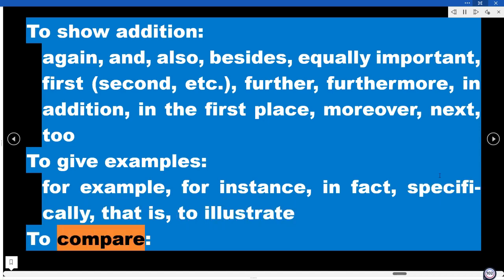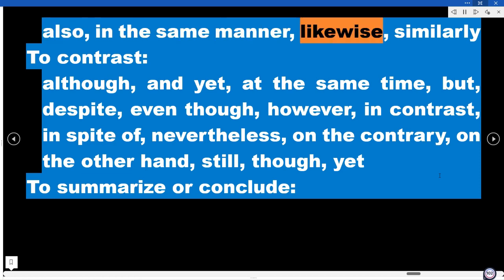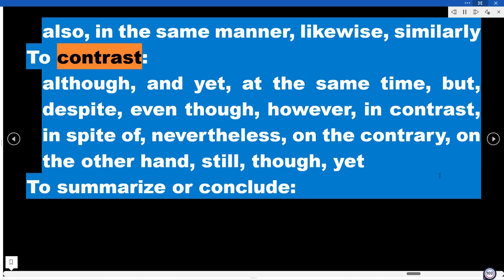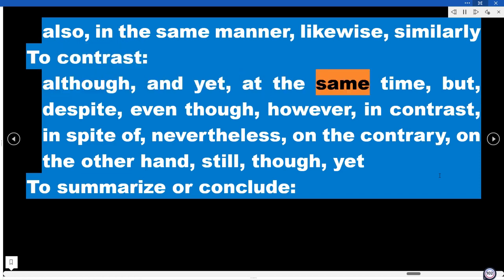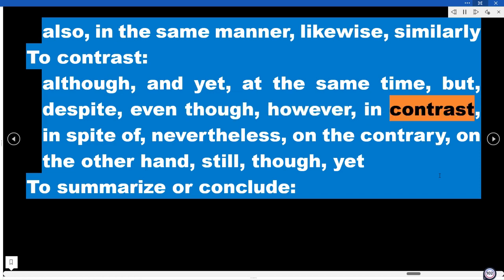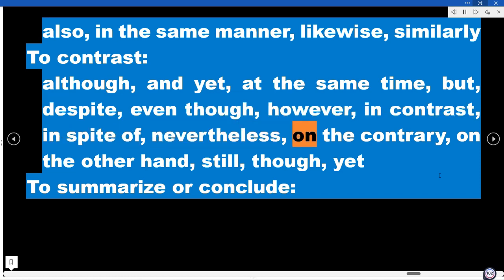To compare: also, in the same manner, likewise, similarly. To contrast: although, and yet, at the same time, but, despite, even though, however, in contrast, in spite of, nevertheless, on the contrary, on the other hand, still, though, yet.